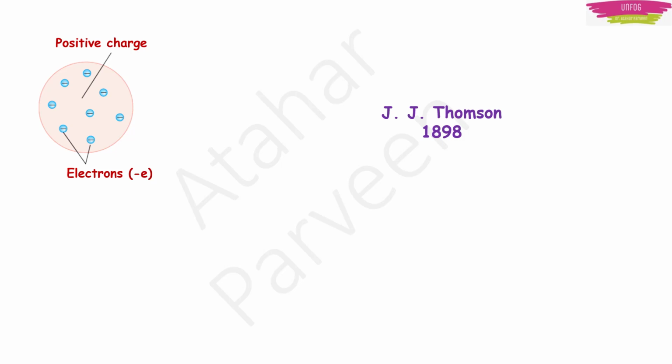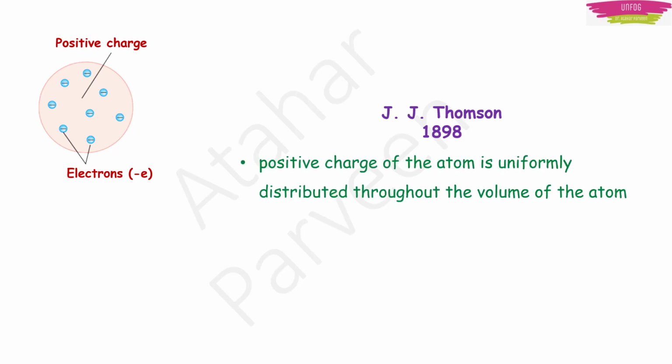So what did J.J. Thomson say? He said that positive charge of the atom is uniformly distributed throughout the volume of the atom, as you can see in the figure, and negatively charged electrons are embedded in it. Now Thomson was from England, and they had one sweet dish, like a cake.